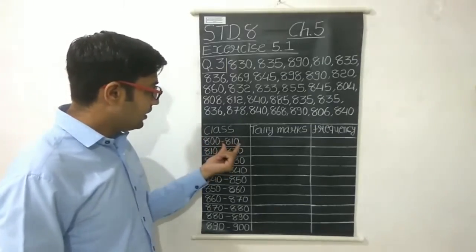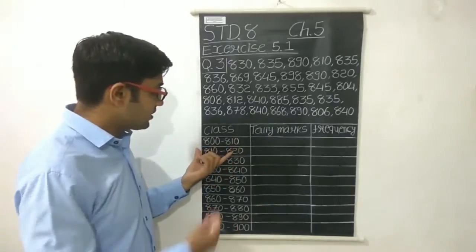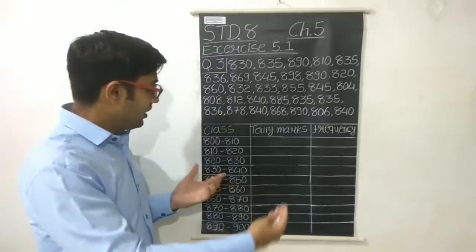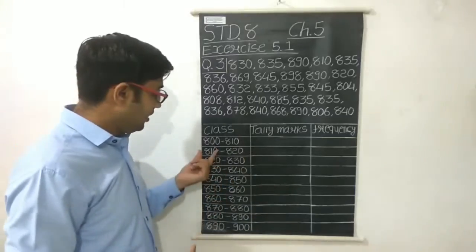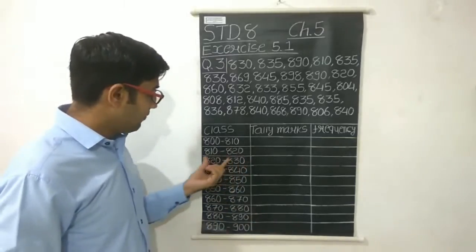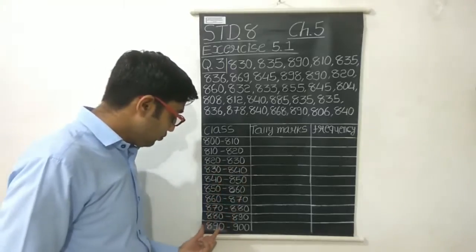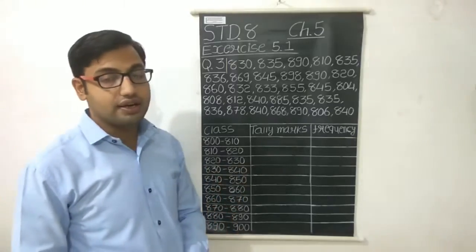The second one will continue when the first ends. So the first class ends at 810, and the second class starts with 810 to 820. In the same way 820 to 830, 830 to 840, up to 890 to 900.